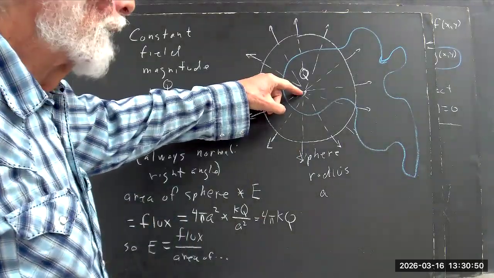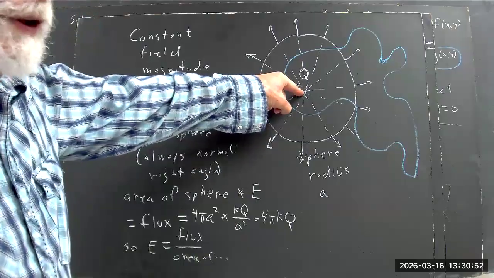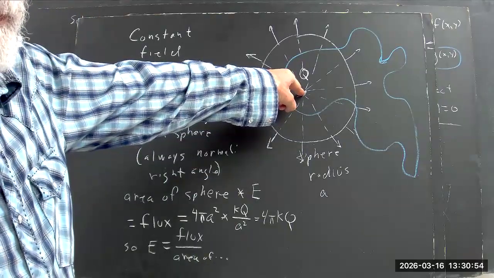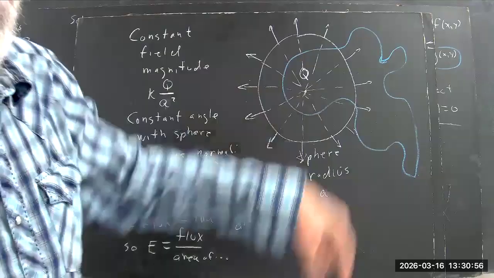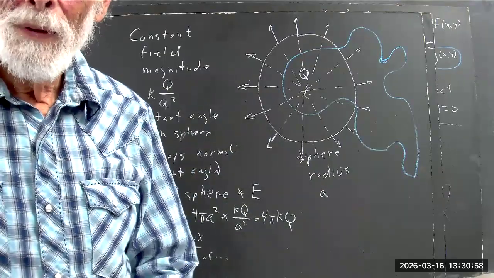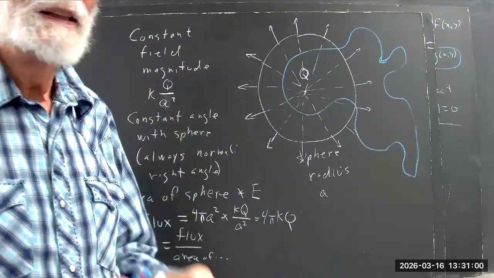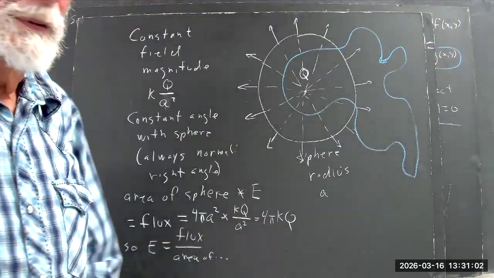Any closed surface that the charge Q is inside of has this much flux.